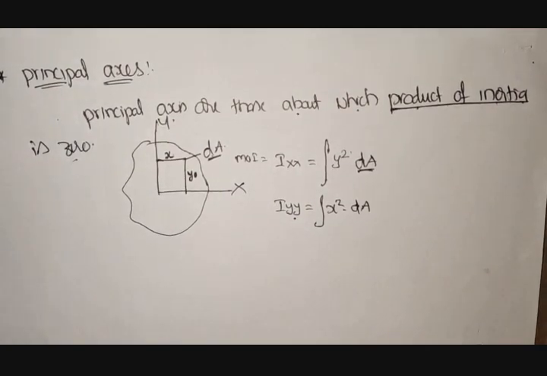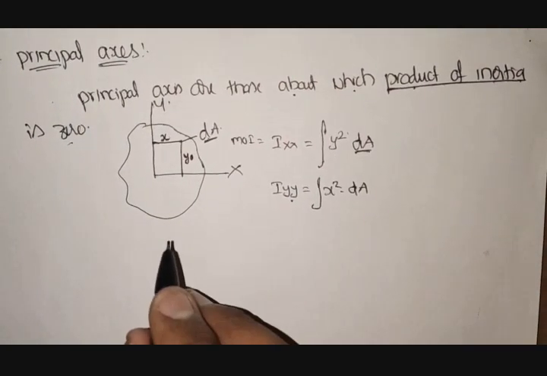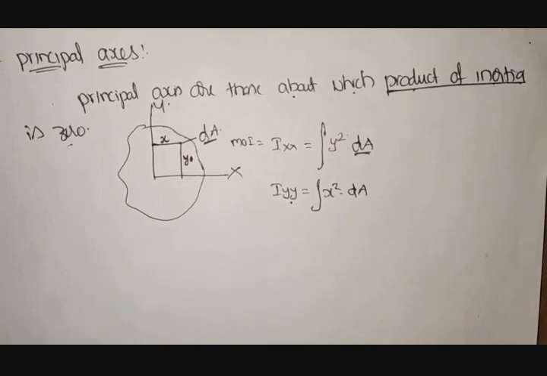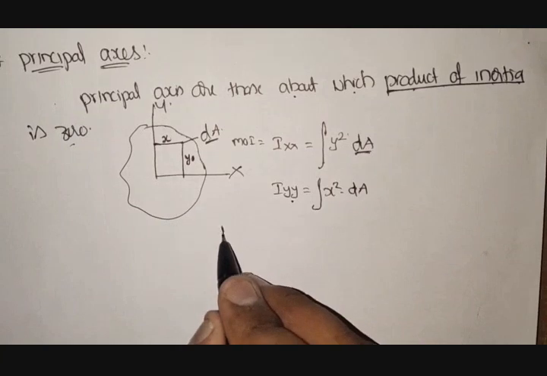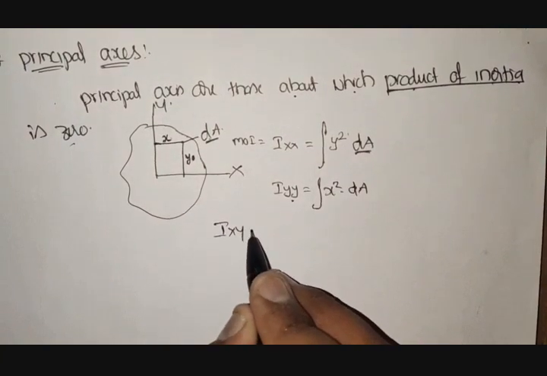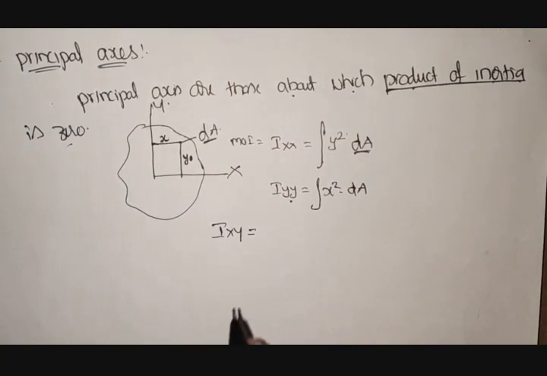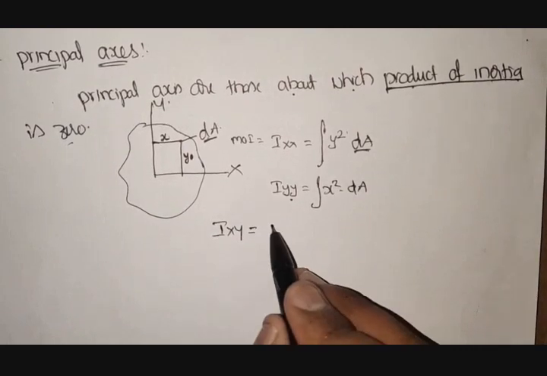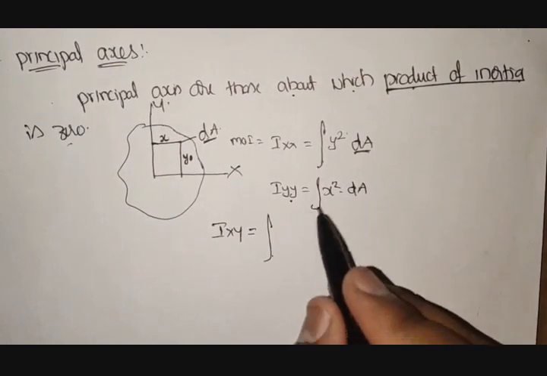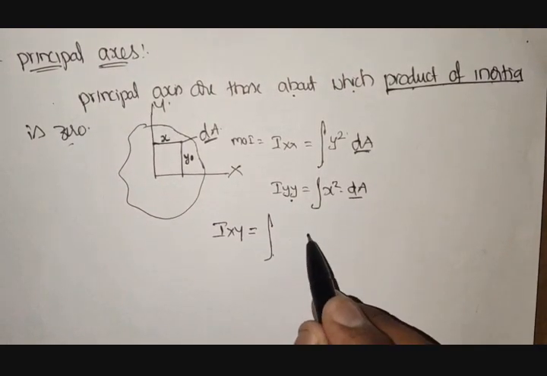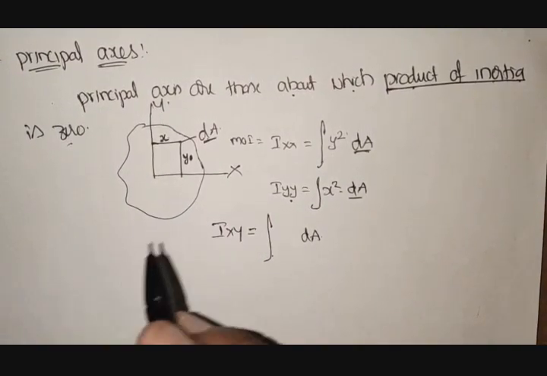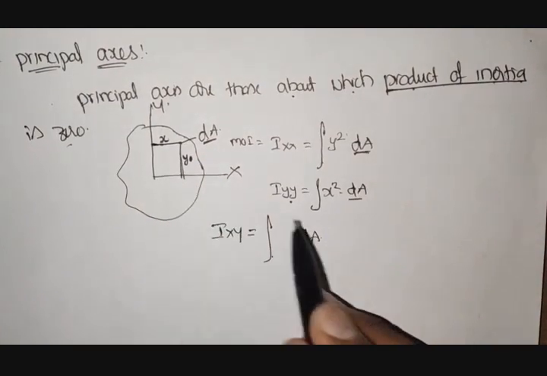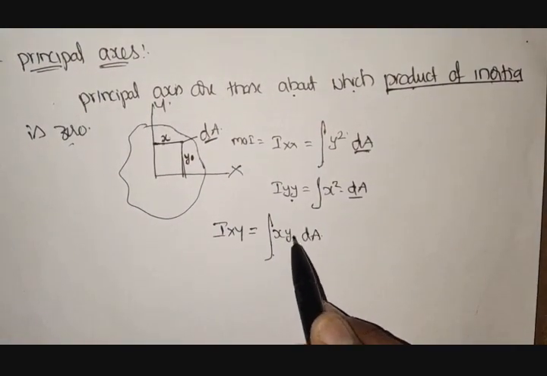Now what is the product of inertia? The product of inertia is the moment of inertia about x and y together. It can be written as the area of the element, the same dA, into the distances about the x and y axes, which are small x and small y.